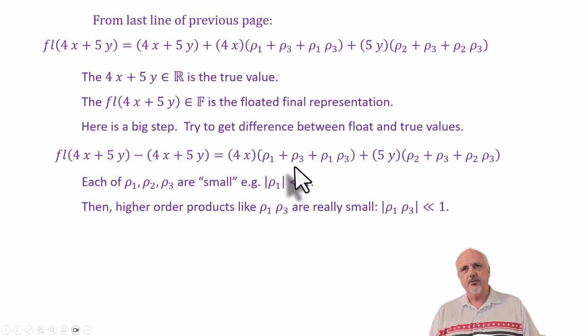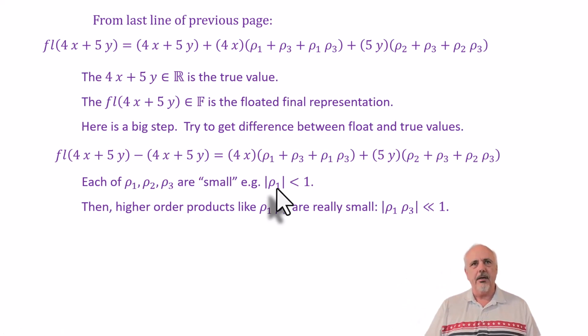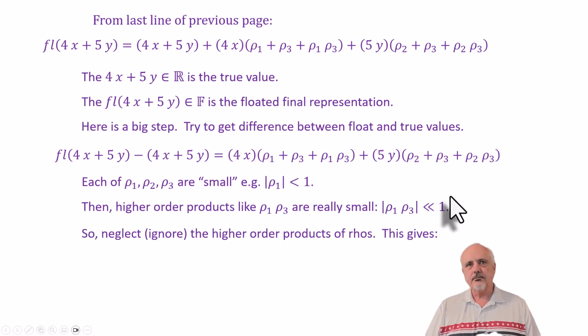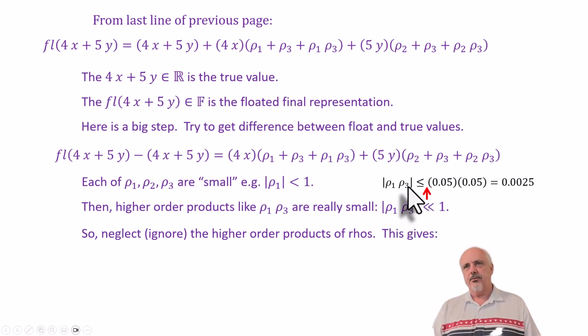So we know that these rhos individually are going to be small, like for our 2-digit system, 0.05, right? So they're going to be small. But the higher order products are extremely small. So what I do is I neglect those. I neglect them because if I think about it, rho 1 times rho 3, the biggest it can be is 0.0025. So it's very small. It's very much less than 1.